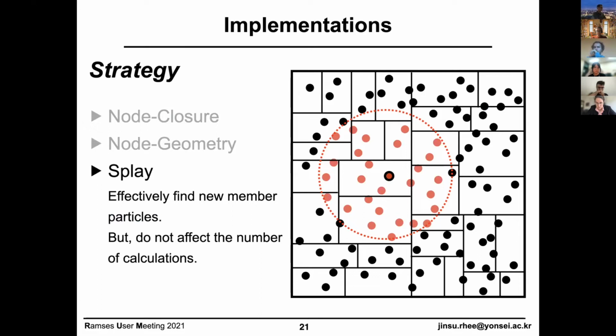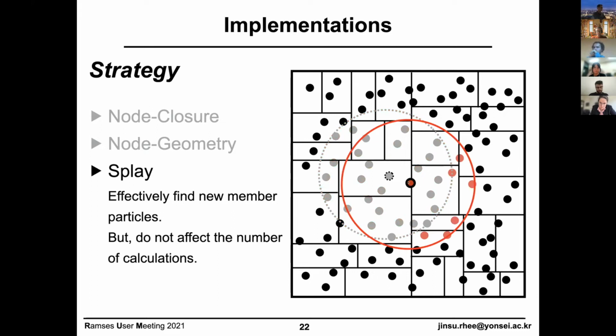The third one is SPLAY. SPLAY has an aim to effectively find member particles. For example, after finding neighbor particles for this particle, we have to repeat the same process for one of the connected particles, the colored point here, to check whether there are other particles to be connected.